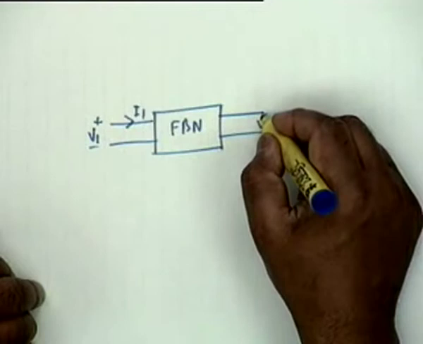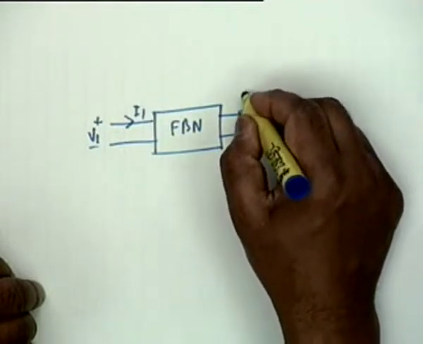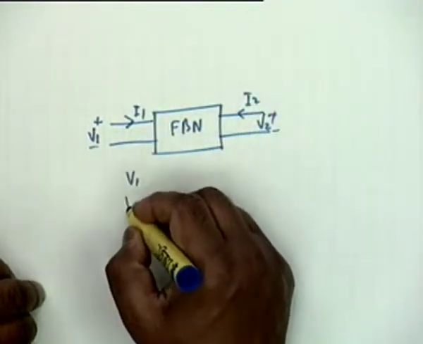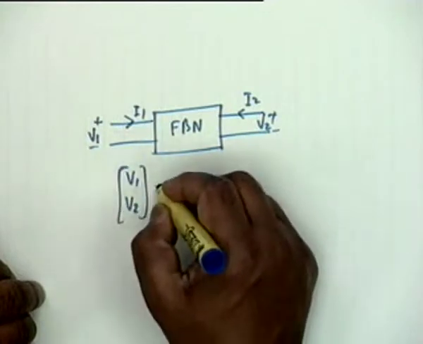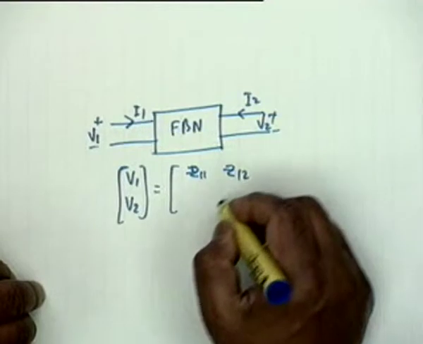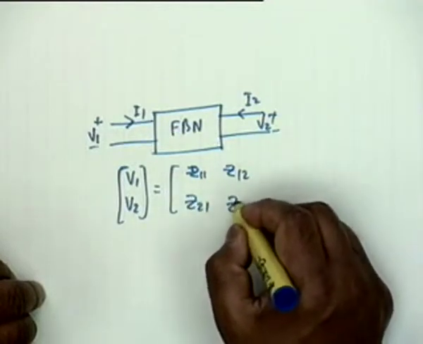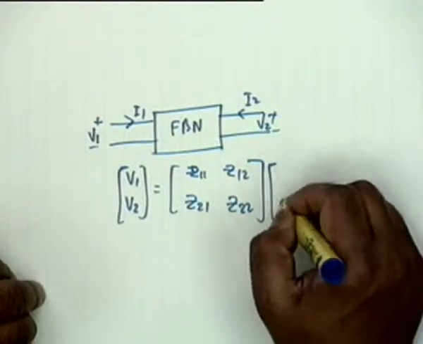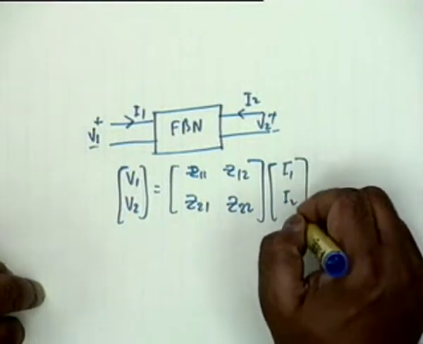If I have V1, I1, V2, I2, then the Z parameters are V1, V2 equal to Z11, Z12, Z21, Z22 multiplied by I1, I2.